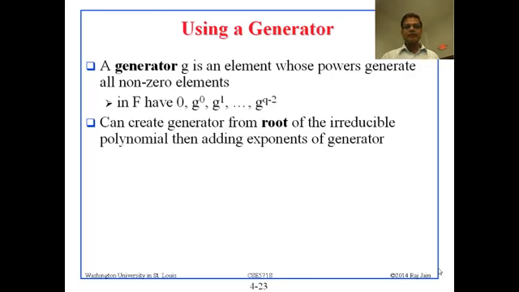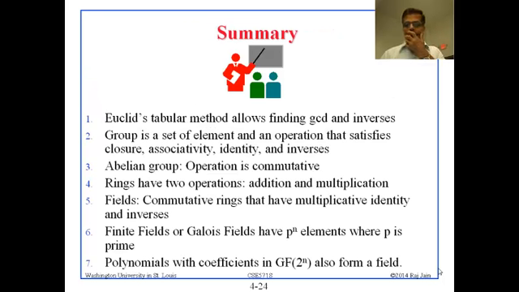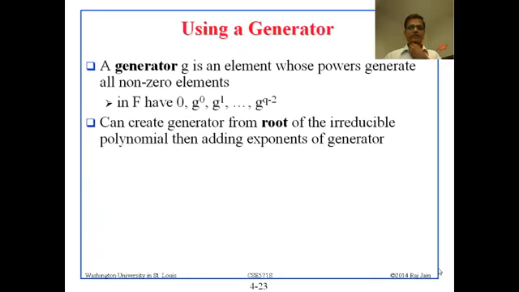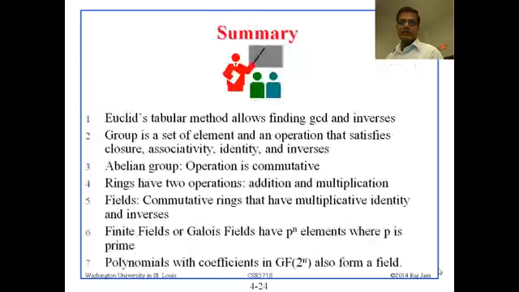So basically, if you can find a root, then you can use powers of the root as the members of the group, set, field, whatever. We already talked about the generator. So g is the generator, and that brings us to the end of the chapter.